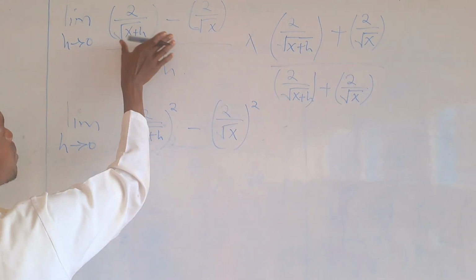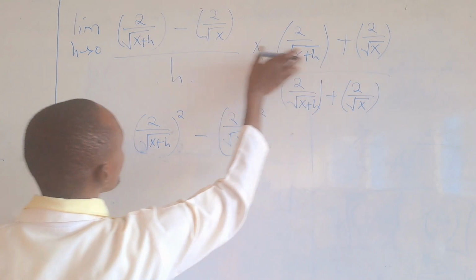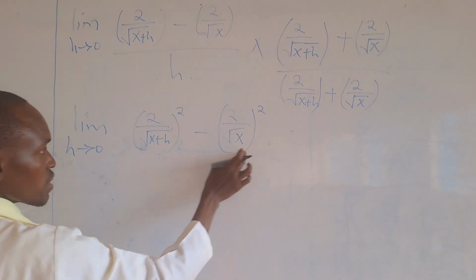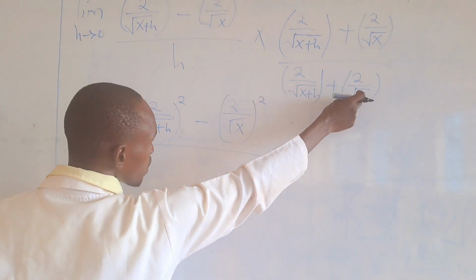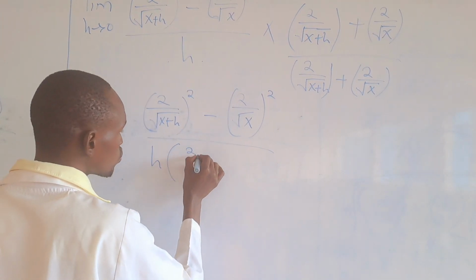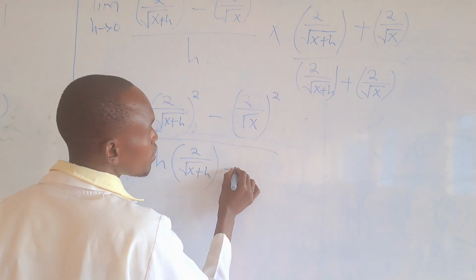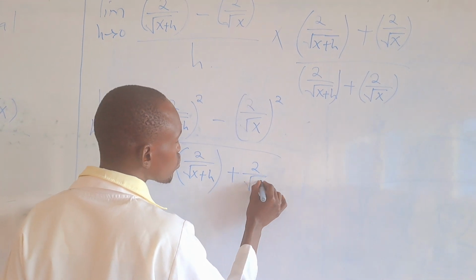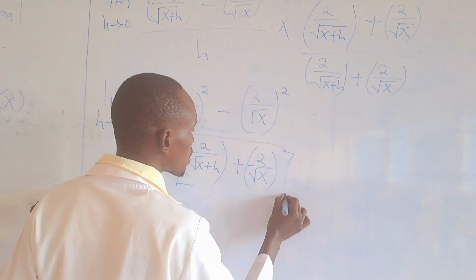You can expand it and see whether, if you multiply them, it will still bring us to this point, over h times the conjugate, that is h into 2 over root of x plus h plus 2 over root of x.